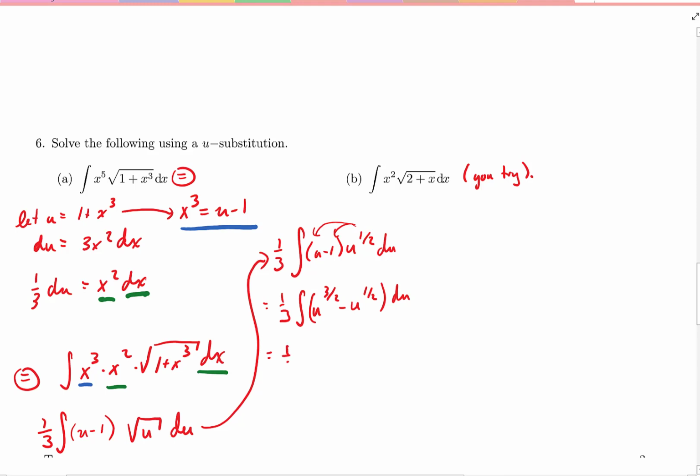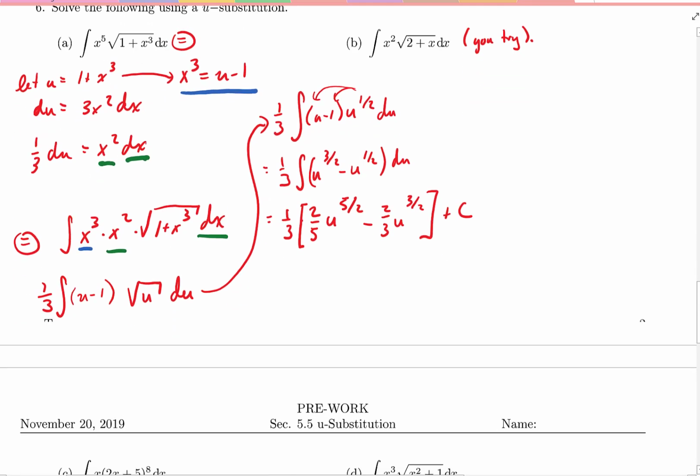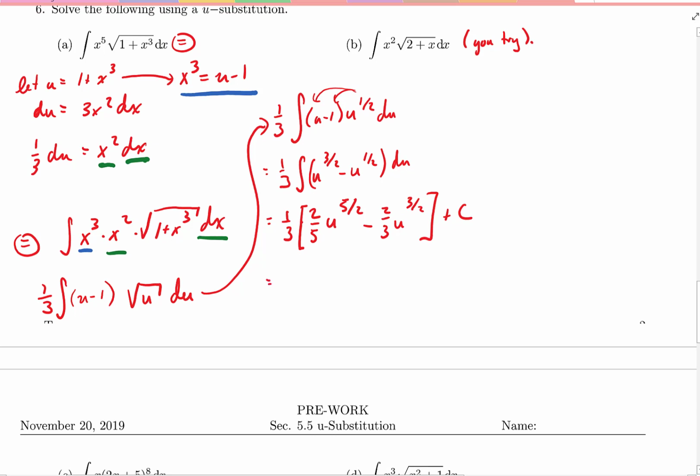So now we can actually evaluate the antiderivative. Adding 1 to the exponent would give us u to the 5/2, and then dividing by the new exponent, times 2/5. Minus, and then adding 1 to the exponent gives us u to the 3/2. Dividing by the new exponent gives us 2/3. And then we need our plus c. Okay. We could clean this up some more, but I'm not going to worry about it too much.